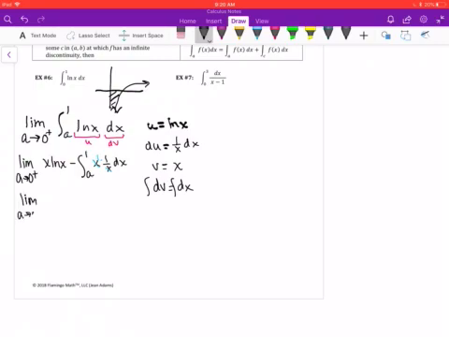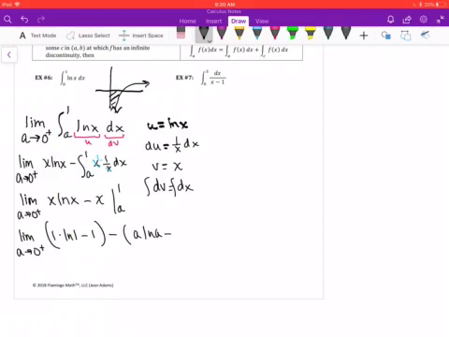So the limit as a approaches 0 from the right of x ln x minus, and then since this is just the integral of 1 dx, this is just x, whole thing from a to 1, which gives us the limit as a approaches 0 from the right. If I put my 1 in, 1 times ln 1 minus 1, minus a times ln a minus a.